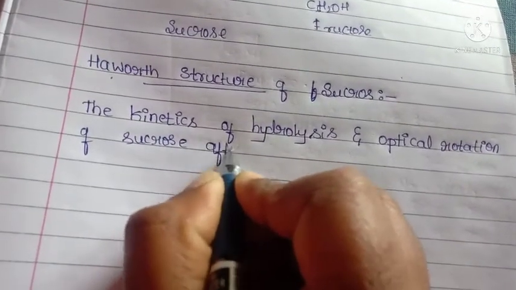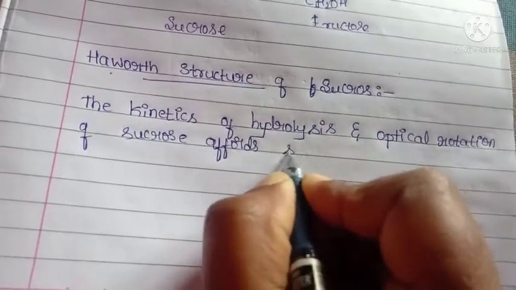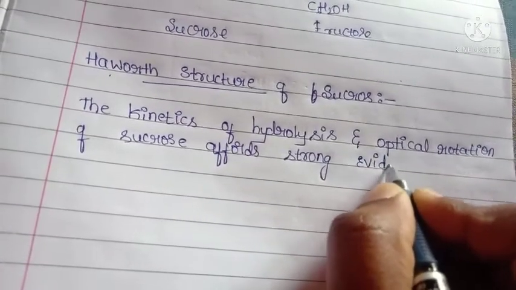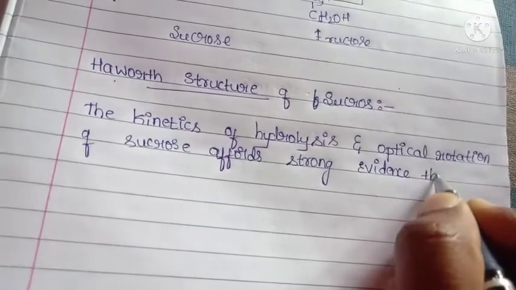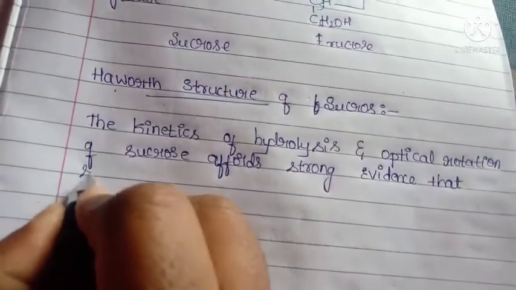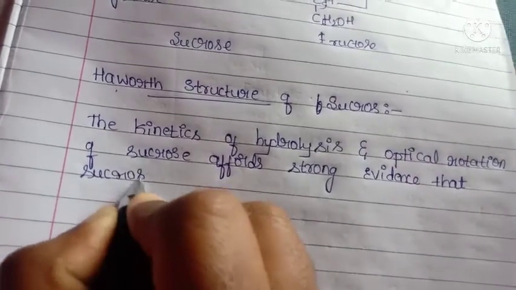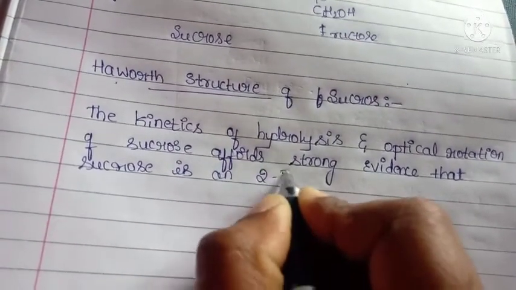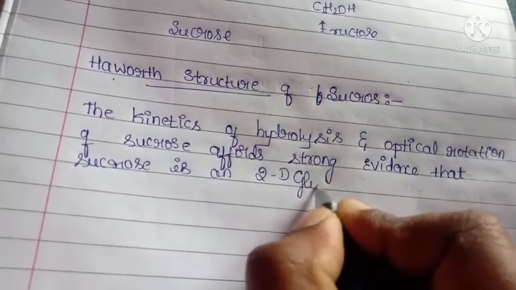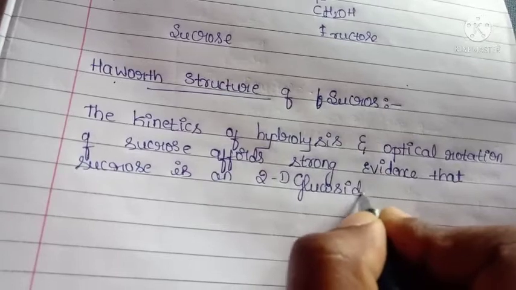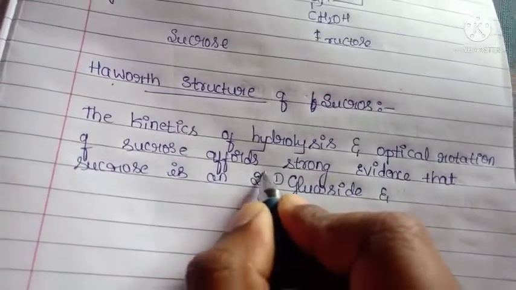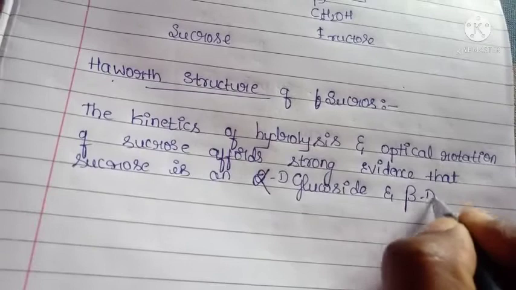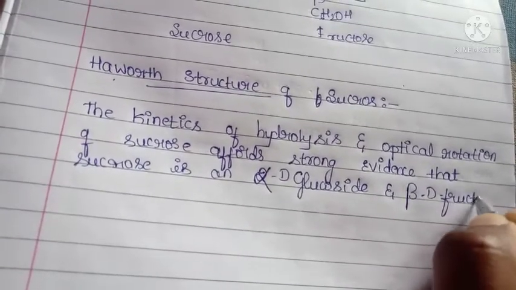affords strong evidence that sucrose is an alpha D glucoside and beta D fructoside.